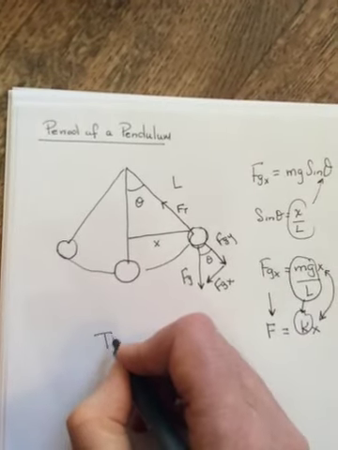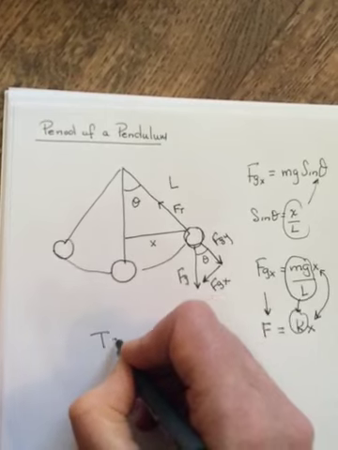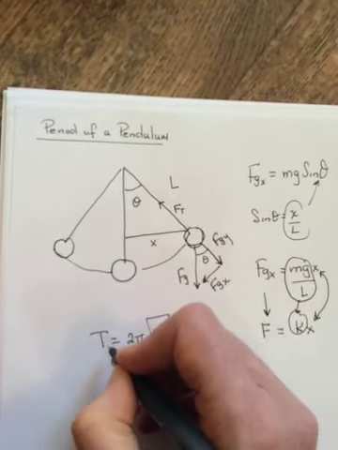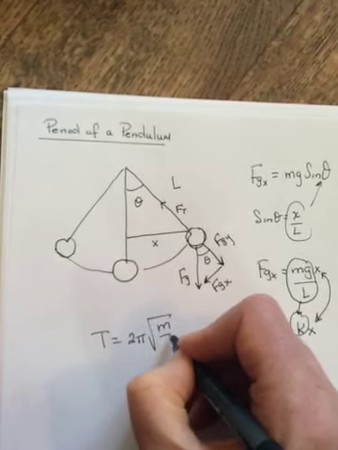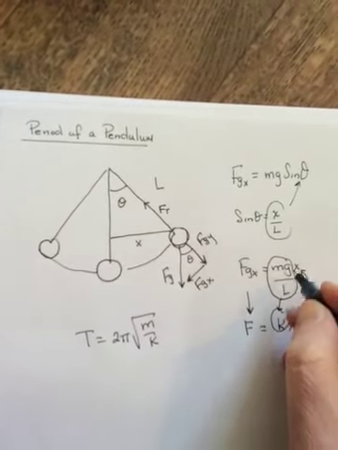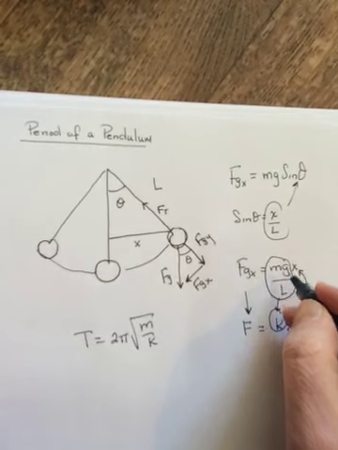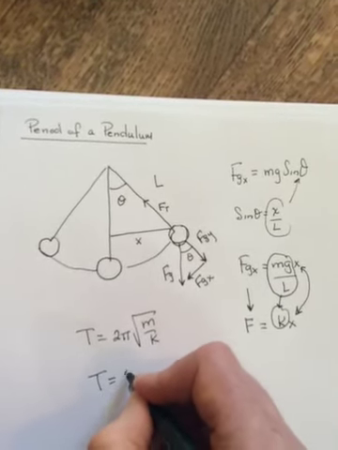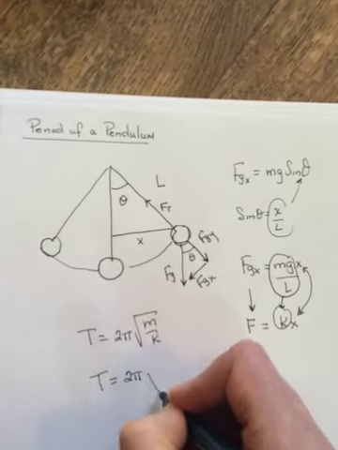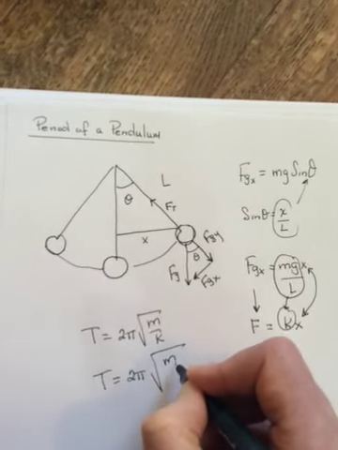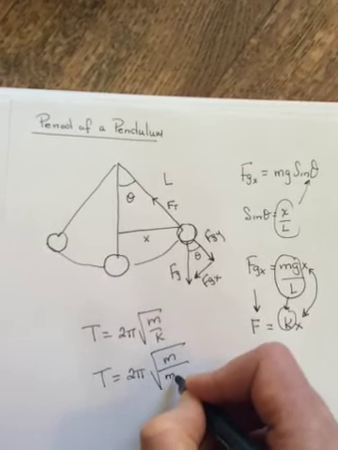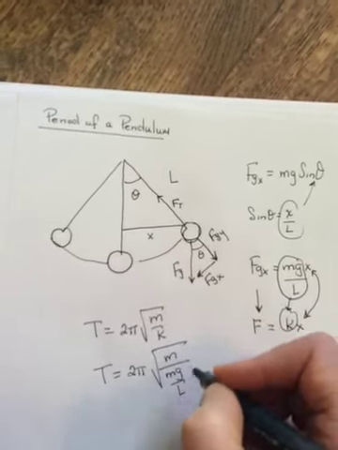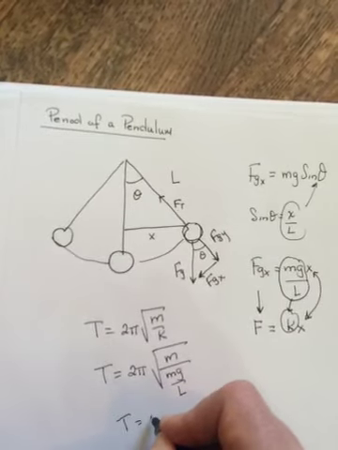And so we're trying to find the period of a pendulum. If we go back to the period of a simple harmonic oscillator, T equals 2 pi root m over K. And what we just found is that for a pendulum, K is mg over L. So where the K is in the period of a simple harmonic oscillator, fill in mg over L. Dividing by a fraction is the same as flipping and multiplying.